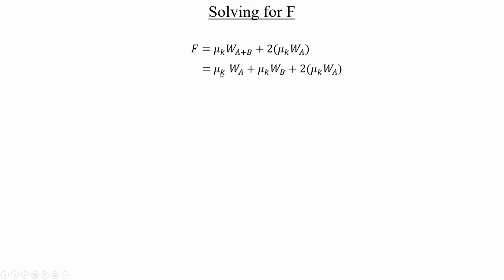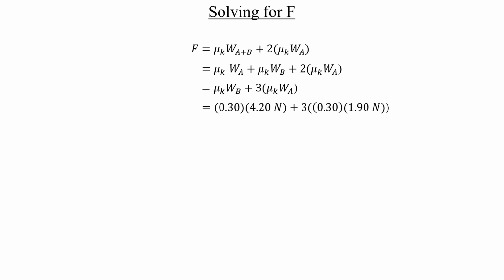And we see here that we have mu sub k multiplied by both weight terms, and then we're also adding mu sub k times the weight of block A. So we can just add this one to the other one, and now we have mu sub k times the weight of block B, plus 3 times mu sub k times the weight of block A. I know all this. We were given all that information, so we're done. We don't need to go any further.